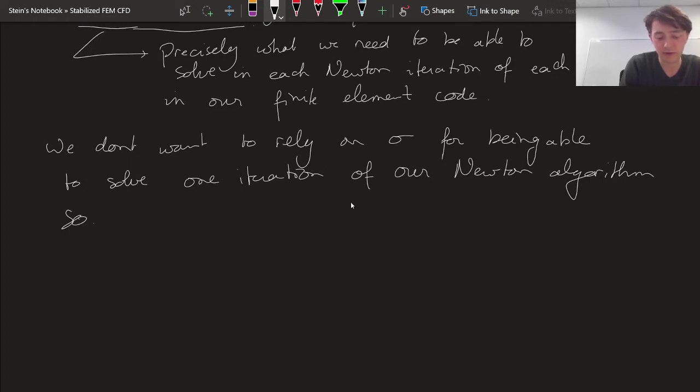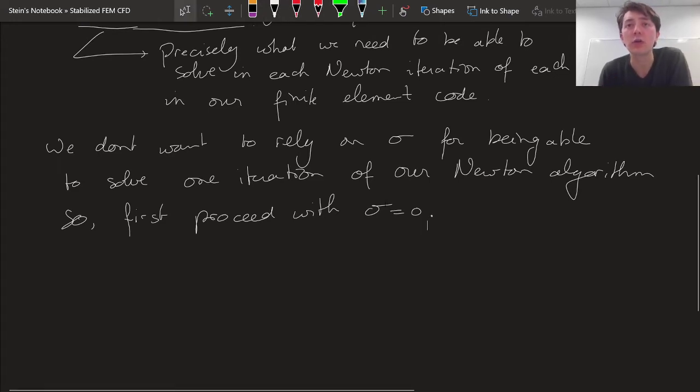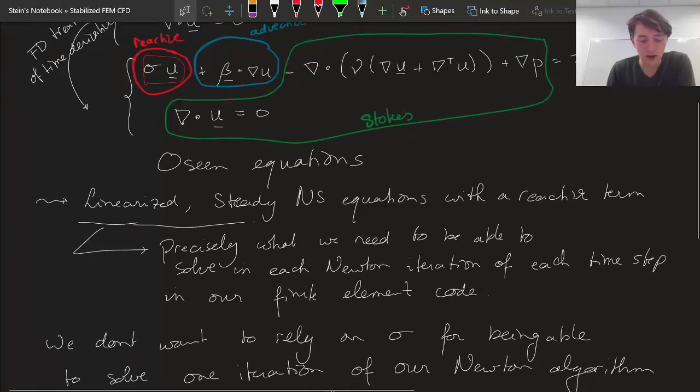So first, proceed with sigma equal to 0. And every other sigma is then going to improve our results in terms of our coercivity constants or whatnot. So let's proceed with sigma equal to 0.